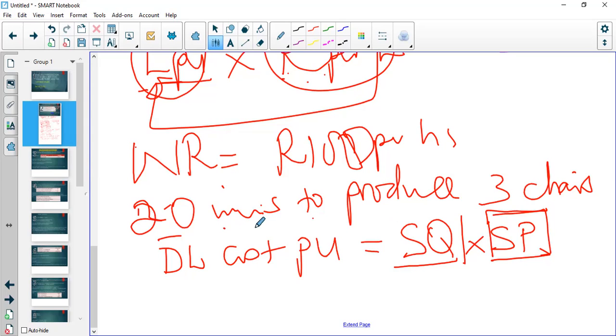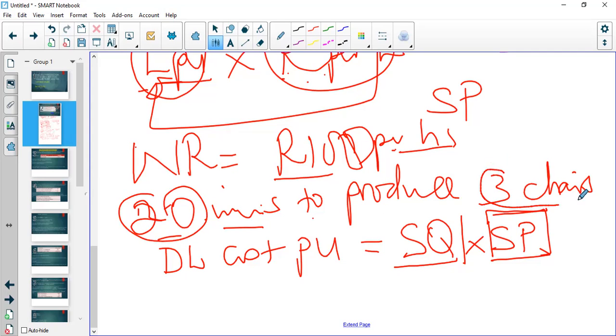So we have 20 minutes and we have 100 rand per hour. The 100 rand per hour is the standard price, and our minutes is the standard quantity for 3 chairs. So you will see that all you need to do is make adjustments so that we have the standard quantity for one cost object, or per unit, multiplied by the standard price for that quantity.